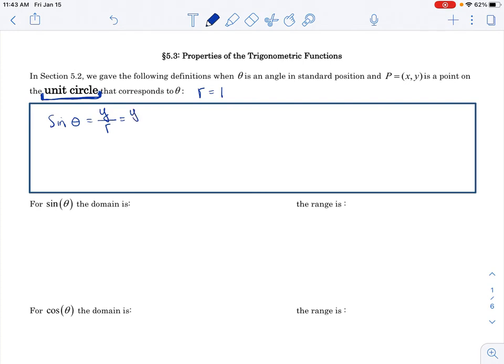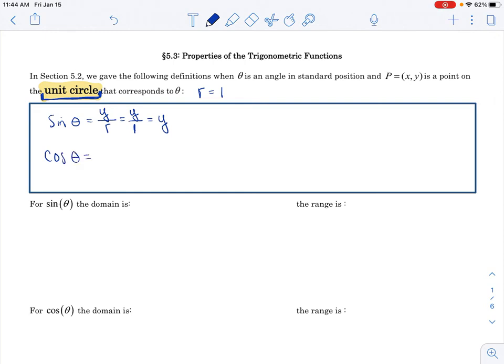However, my radius in the unit circle is 1, so that's why, no matter what, sine of theta is my y values. I have to make sure this really clicks: that's only when you're in the unit circle. No other time is that the case, and I'll show you examples of when you're not on the unit circle.